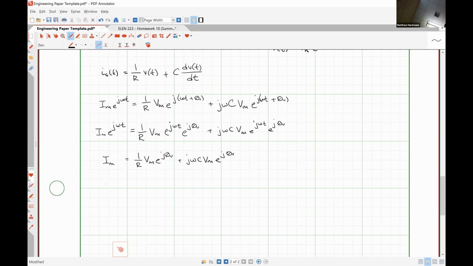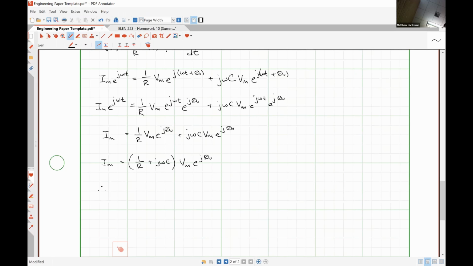I can group like terms and find that I will have 1 over r plus j omega c multiplied by Vm e to the j theta v. And finally, I can rearrange slightly and see that Vm e to the j theta v is equal to Im divided by 1 over r plus j omega c.